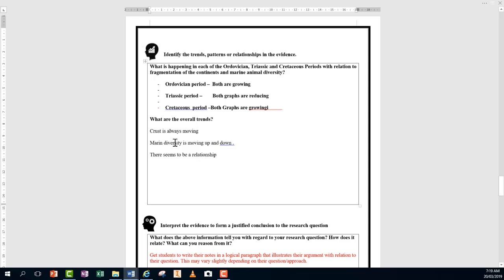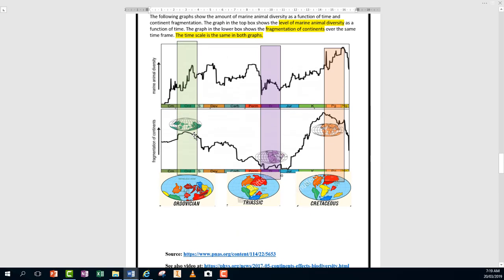Okay, and again I'll go back and point out that relationship. If you look at the graph, it goes up, and then it comes down, and then it goes up, and then it comes down, and then it goes up. With the marine animal diversity, with the fragmentation, it goes up and down, and then up and down, following a similar path.